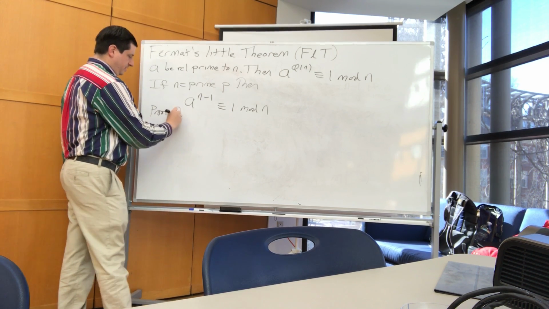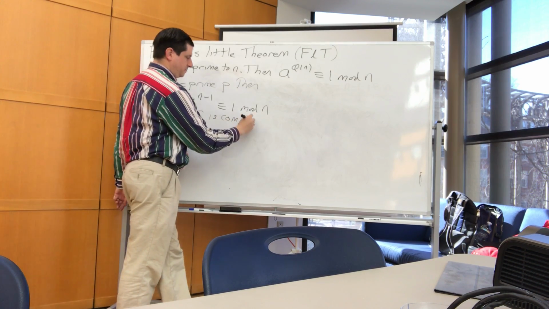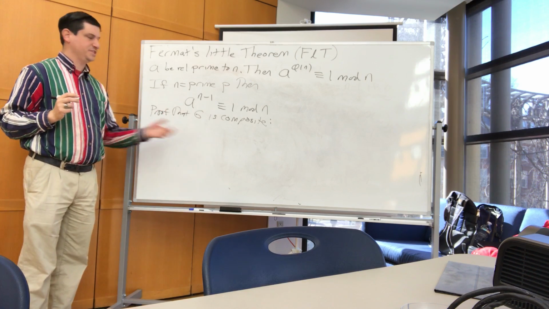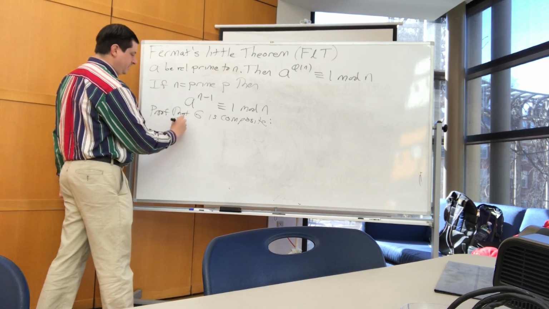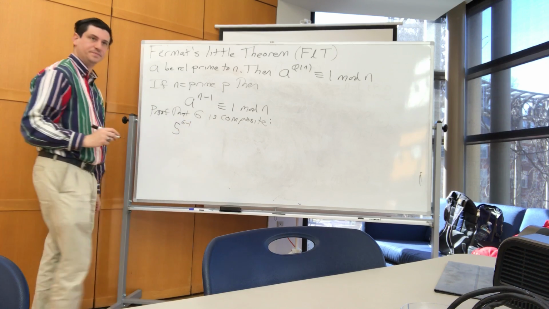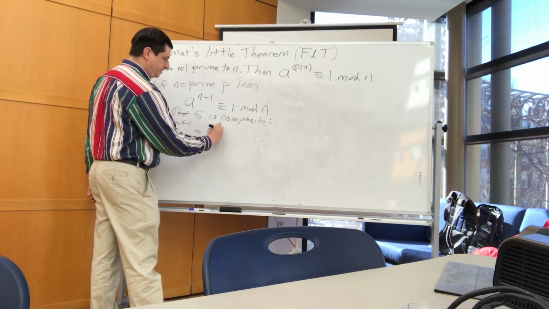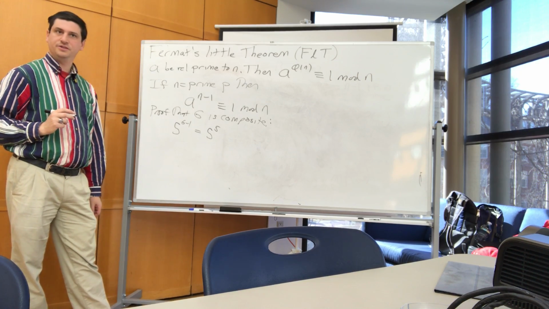Proof that 6 is composite. Give me a number relatively prime to 6. 5. So let's look at 5 to the 6 minus 1. That's equal to 5 to the 5th, and I want to look at this mod 6.